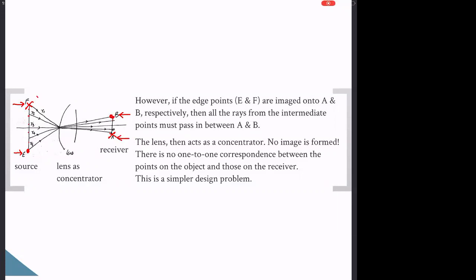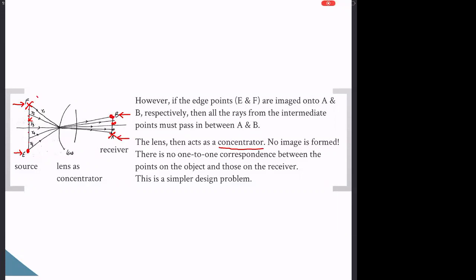I have done some level of geometric concentration. Now my lens is the concentrator, but no image is formed because I cannot guarantee that a point in between has a unique point in between. I cannot guarantee that because I only have two surfaces, okay?